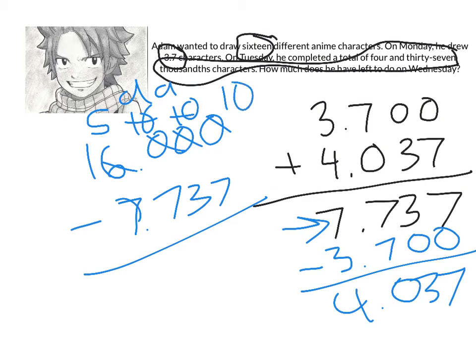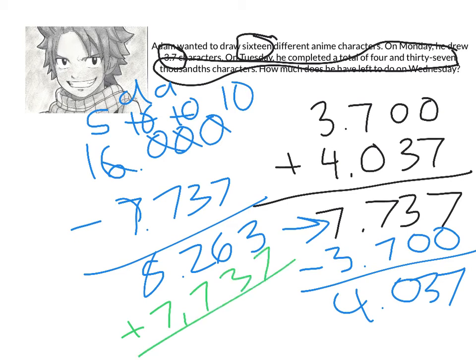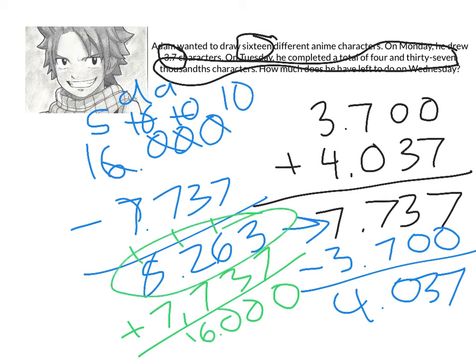And I will get a difference of, I just did 15 minus 7 there. Now when I add to check, I get 16. So my one answer I had was 8 and 263 thousandths. Let's do it a second way.